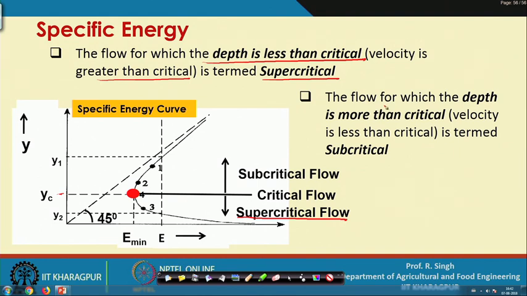On the other hand, the flow for which the depth is more than critical, that is any point above here, where velocity is less than critical, is termed subcritical flow. So, this identification of critical flow helps us in dividing the flow regime into 3 distinct phases: critical flow, subcritical flow and supercritical flow.